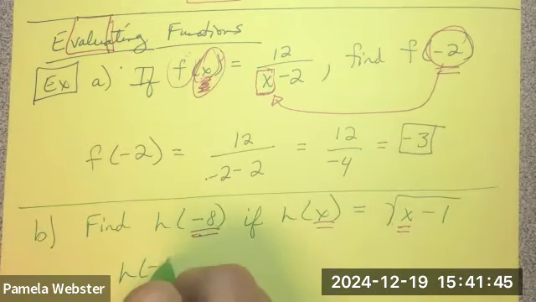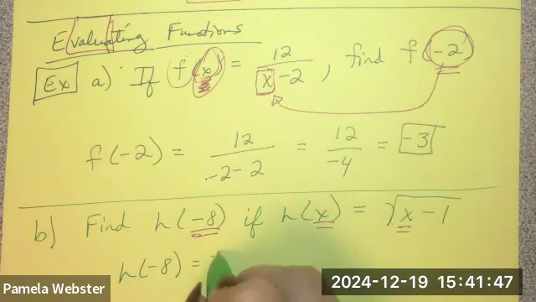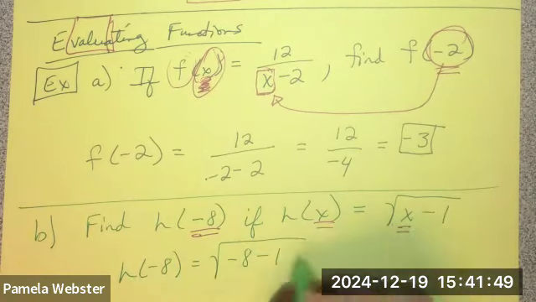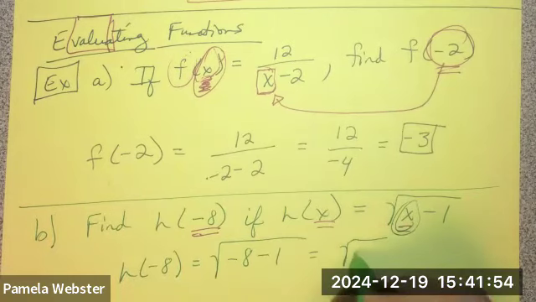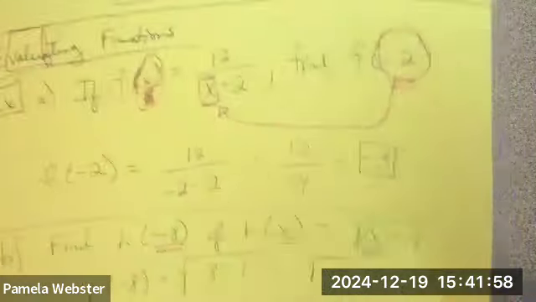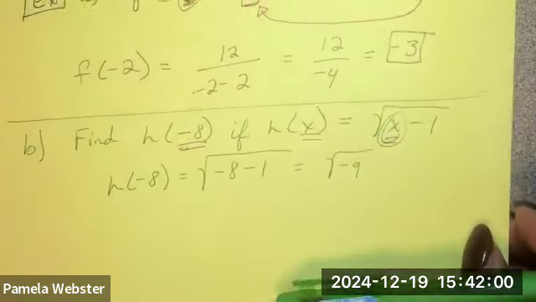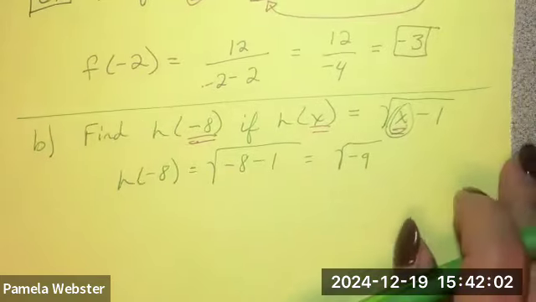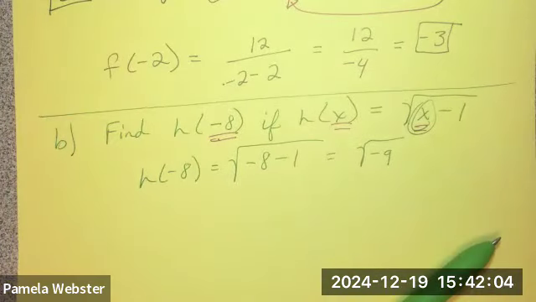So h of negative 8 equals the square root of, it's going to be negative 8 right there minus 1, right? So this is the square root of negative 9, okay? And this is what I was talking about earlier, that sometimes we have to deal with imaginary numbers, okay? This isn't telling me whether or not this is a spot in the domain that's bad. They actually asked me to just find a value, right? So I'm just going to plug that in.